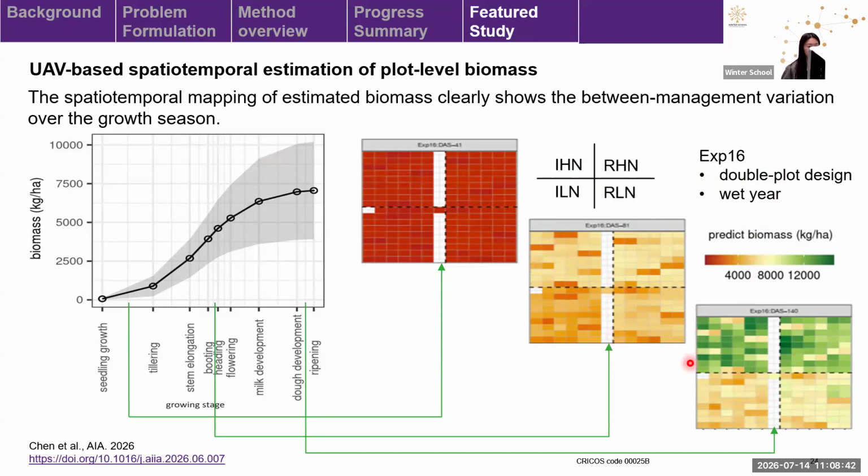Also, because one plot is used for destructive measurement and the other is left alone for UAV phenotyping, you can see that the one with the destructive measurement has a little bit lower biomass than the one where we don't conduct the destructive measurement. So this indicates that our model works quite well for distinguishing the variety difference at the plot level within a trial.